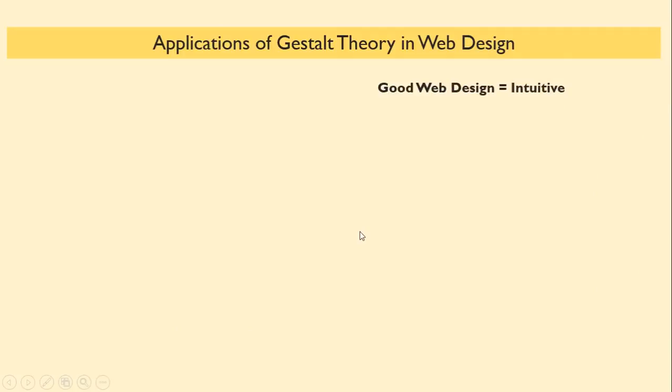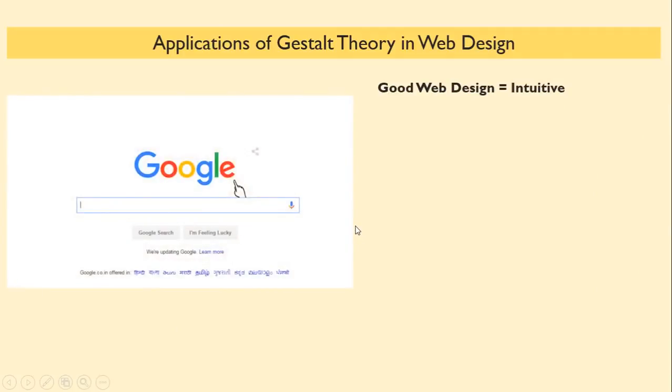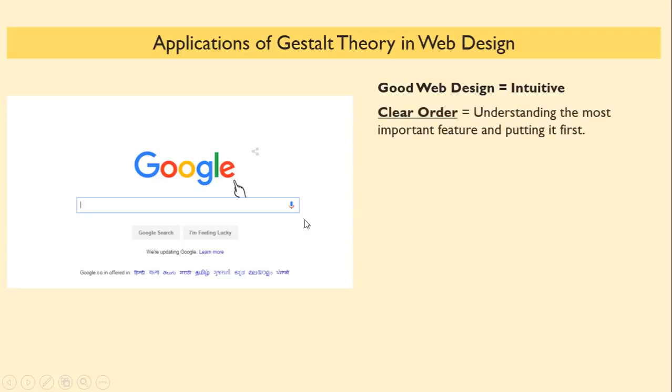So, in comparison, you have something as simple and as straightforward as your Google webpage. It is in very clear order. The most important thing is this search bar right here. Yeah, the logo is kind of big, just so you know what webpage you're on.